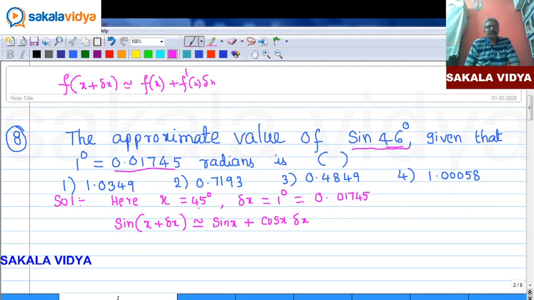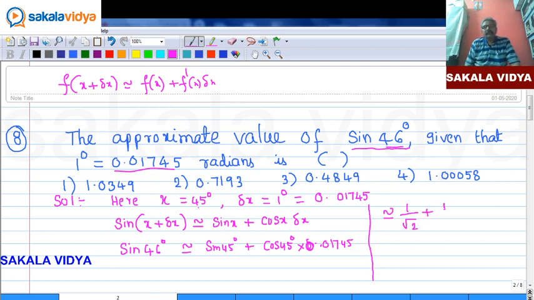So now if you put x is equal to 45, delta x is equal to 1 degree, this becomes sine 46 degrees approximately equal to sine 45 degrees plus cos 45 degrees into delta x. Delta x is 0.01745. Now we need to simplify this. Approximately equal to 1 by root 2 plus 1 by root 2 into 0.01745.